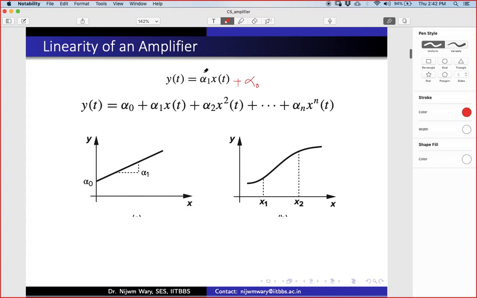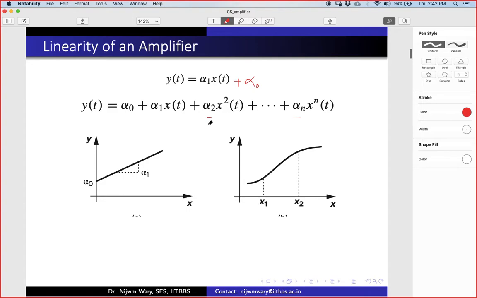Instead of just alpha 1 x(t) and this alpha naught, which is the DC value, I will have some other terms: alpha 2 x squared (t), up to alpha n x to the power n (t). So it will have many orders. Of course, depending upon the case, these may be small values.